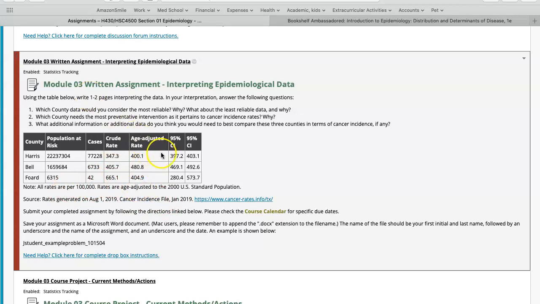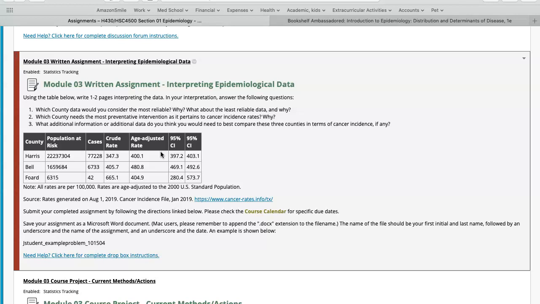By the same token, our age adjusted rate is going to be a rate of the cancer incidences in Harris County taking age into consideration. Because remember, we discussed that a crude rate does not take age into consideration, and especially when we're discussing cancer, that does matter because as you age, your risk for cancer increases.